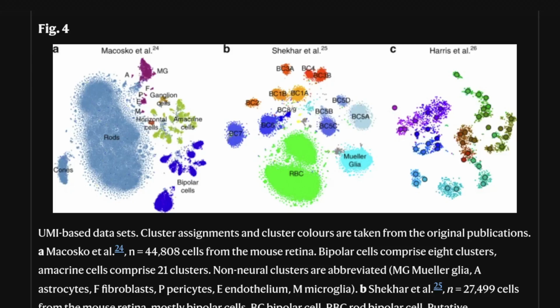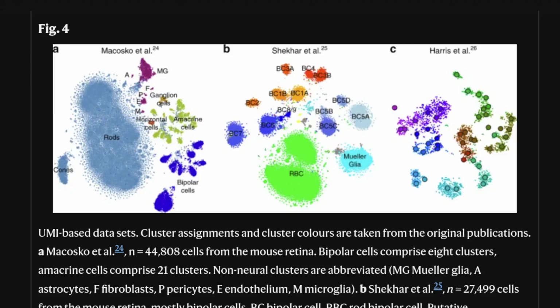Van der Maaten, L. Accelerating t-SNE Using Tree-Based Algorithms. J Mach Learning Res 15, 3221-3245, 2014. MathSciNet. Linderman, G. C. and Steinerberger, S. Clustering with t-SNE, Provably.